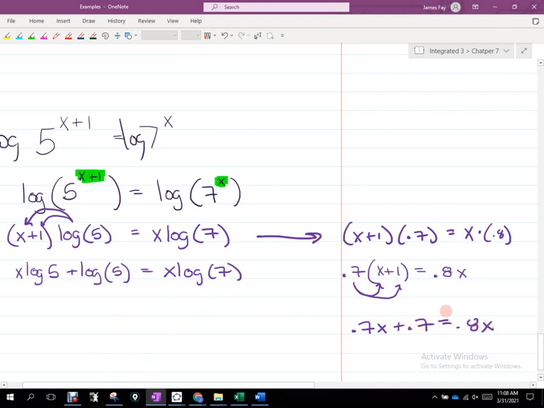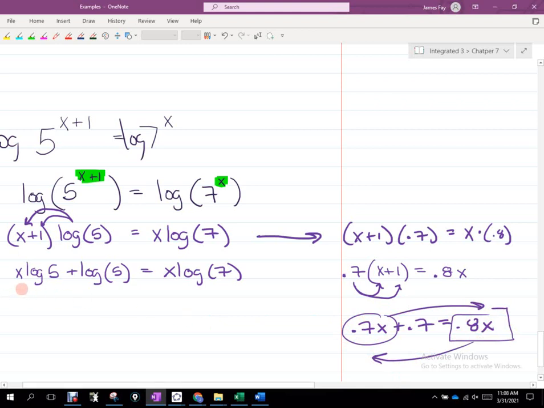Now what would you do if you're down here? Combine like terms. So because I got x's on both sides, right, are you going to move that to that side, or are you going to move 0.8x to that side?